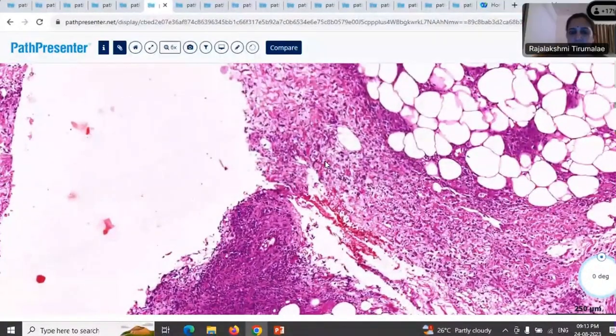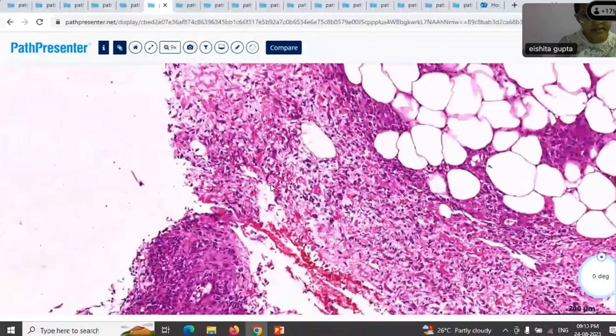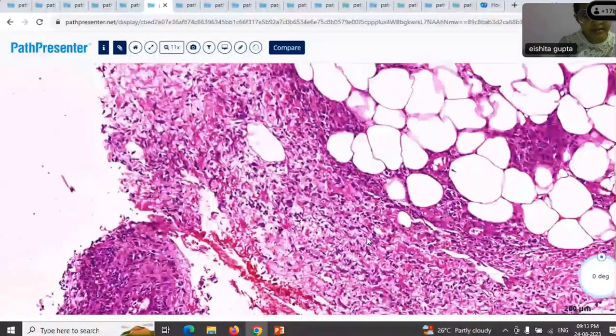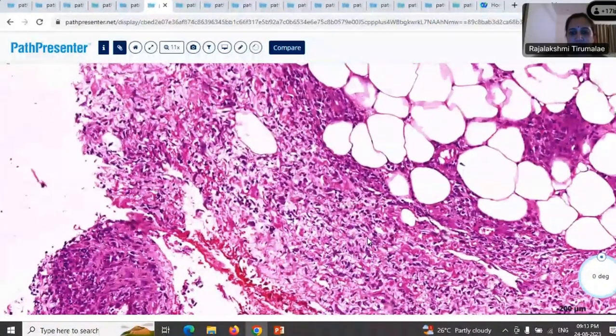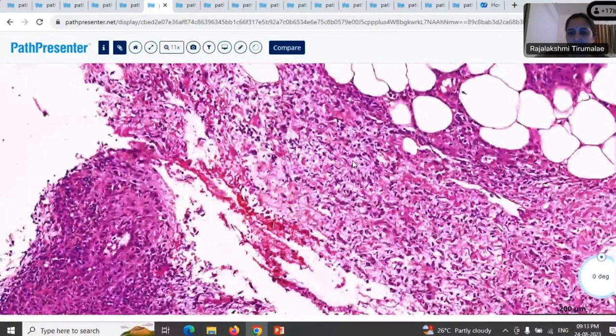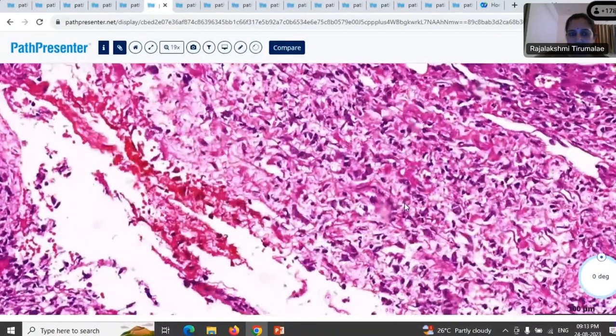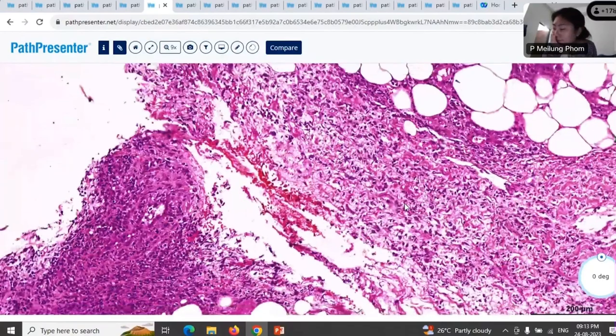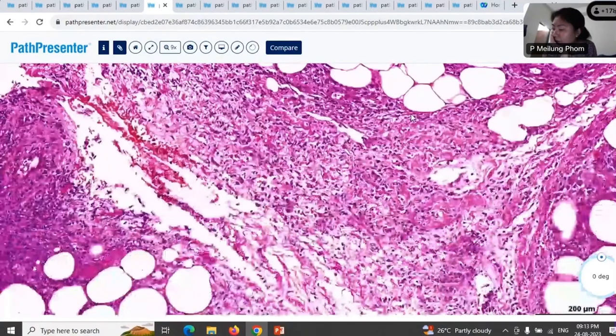Inflammation. What is here in the septae? Are you seeing any infiltrate? Yes, there is an inflammatory infiltrate. Widening of the septum, ma'am, because of fibrosis and macrophages.